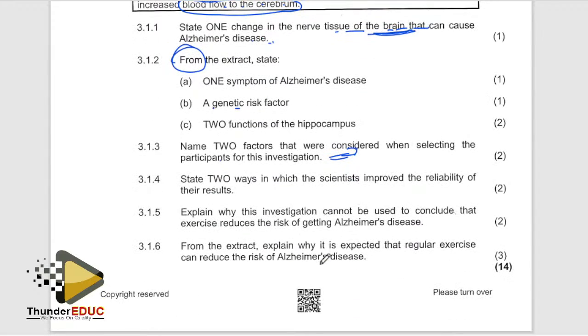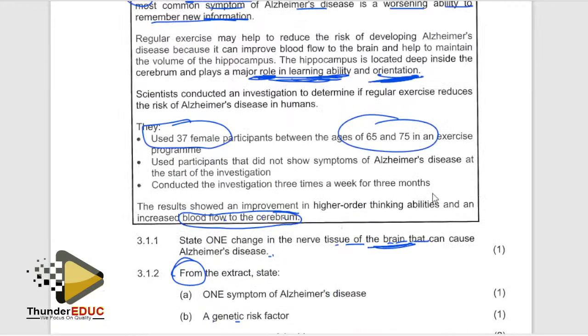So, explain ways in which scientists improved reliability. You remember we said that you repeat the experiment and then you increase the sample size. How did they repeat the experiment? In this case, they repeated the experiment. How did they increase the sample size? They used 37 female participants.